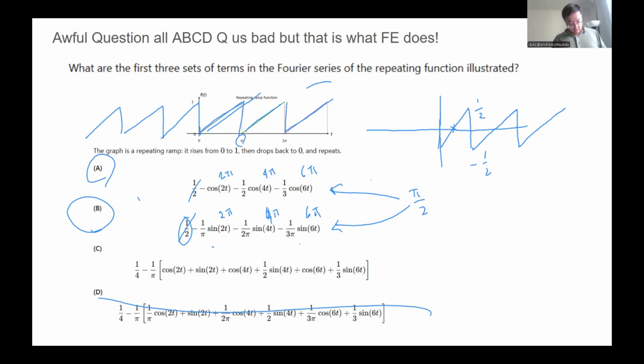Now, negative cosine, that's pi. Actually, do we even need a calculator? I think this is a non-calculator question. I mean, you could use a calculator, but you don't have to. Because this is pi, so that's 1. So this is 2 pi, right?